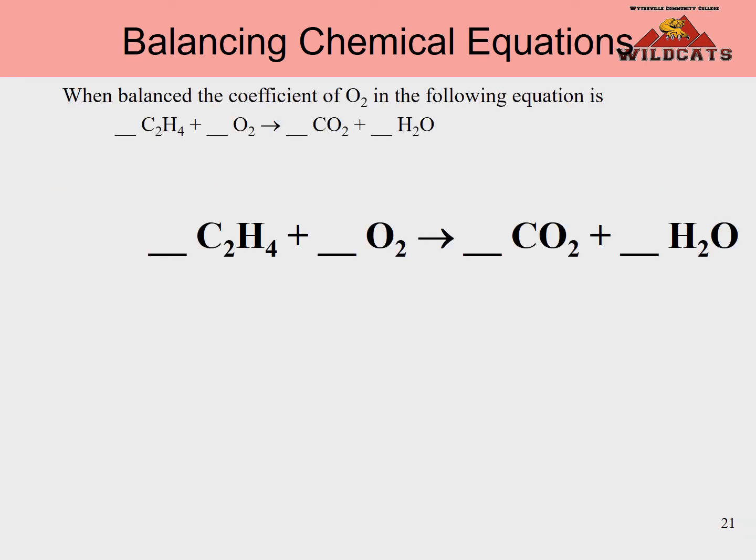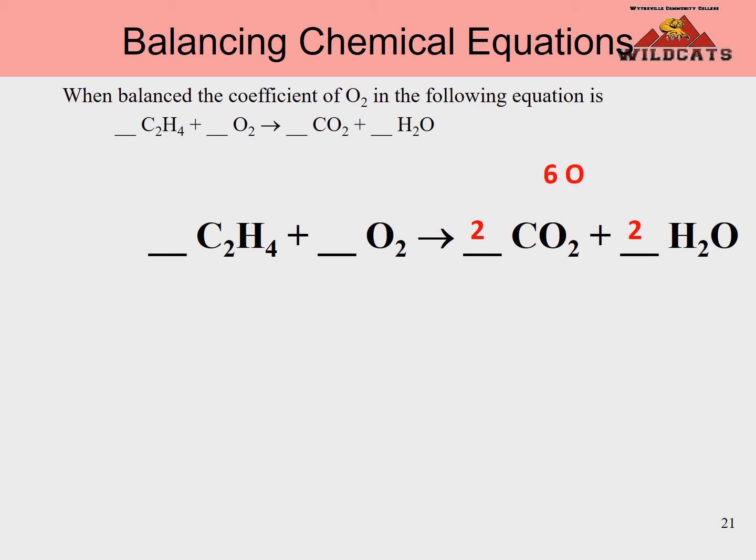So here, let's go back to one of those combustion ones where we started. The first thing I'm going to do is look for the single element. I'm not going to worry about oxygen. It shows up in 3 different places. So I'm going to put a 2 in front of the CO2 because I'm trying to balance the carbons. I'm then going to take a look at the hydrogens.